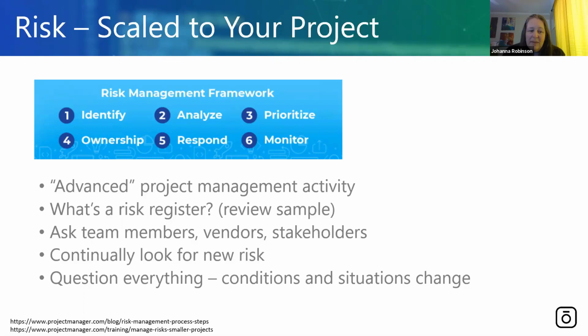People are going to leave, people are going to get sick, new technology is going to come out, somebody's going to show up with a magical thing that helps everything go faster. AWS releases new tools all the time. So there are all different things that change the landscape of your project and change your risks.